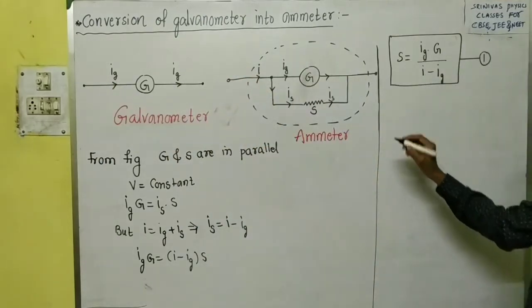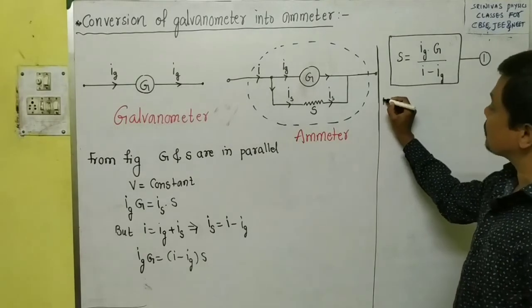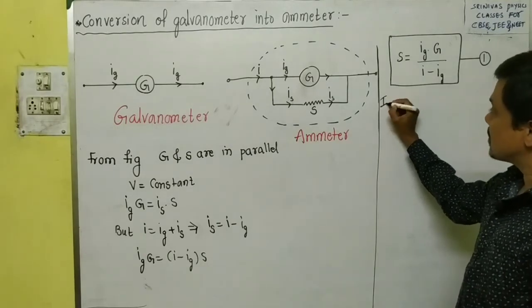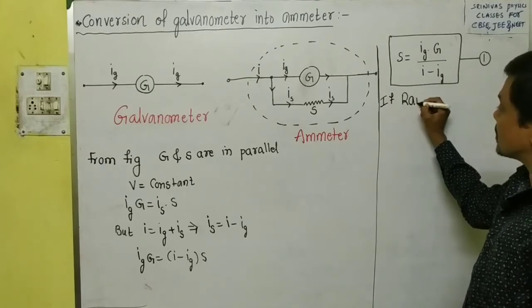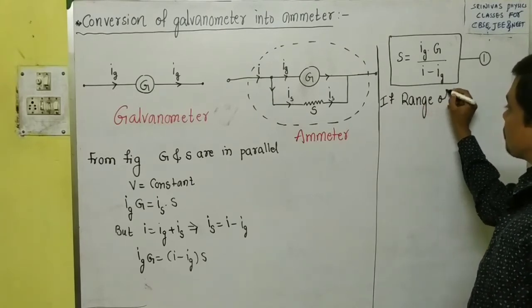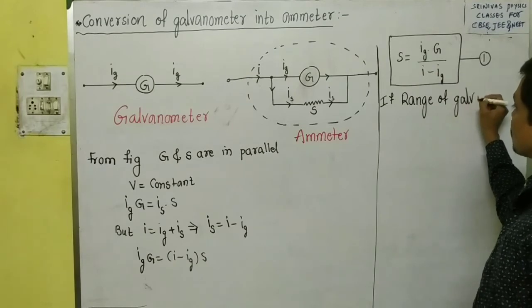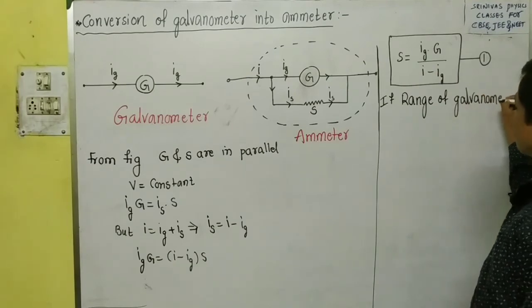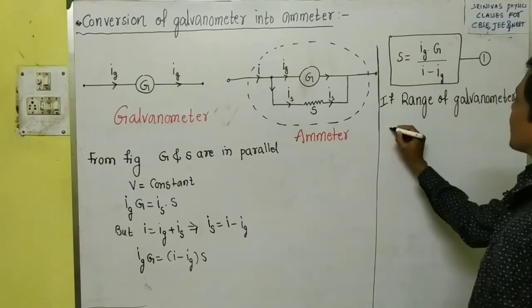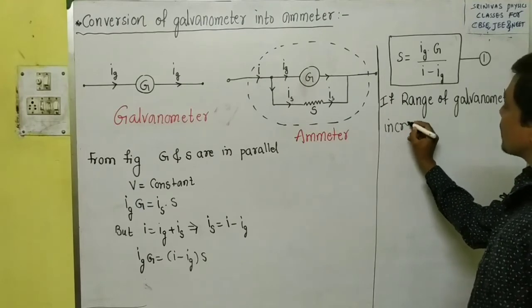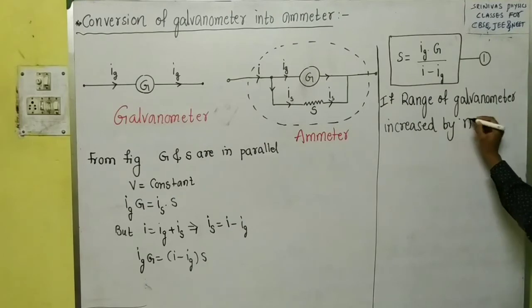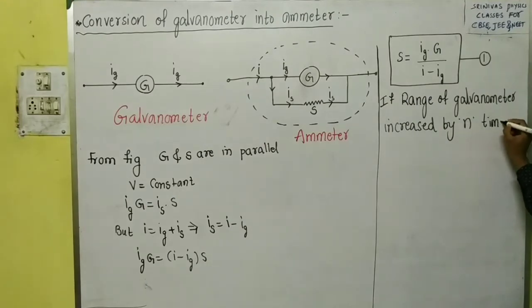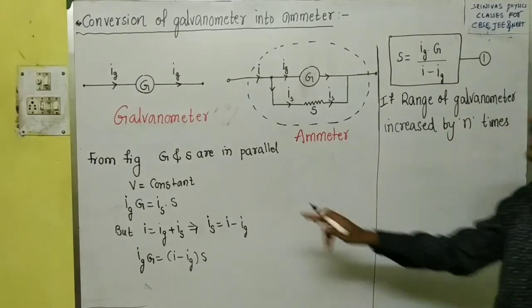Okay? Then if we want to increase the range of galvanometer by n times, what is the previous reading?